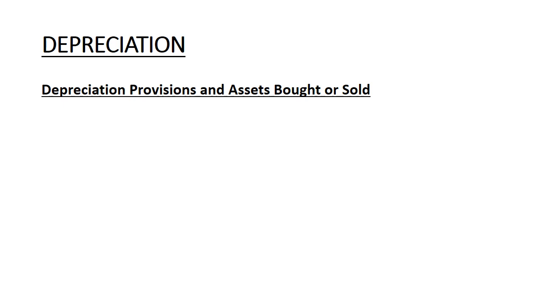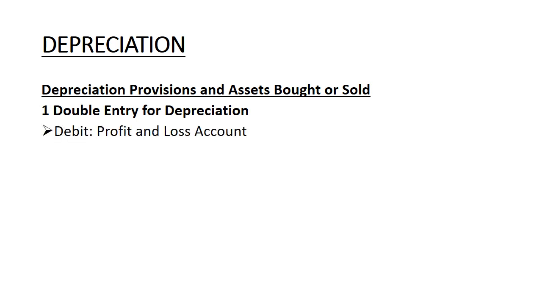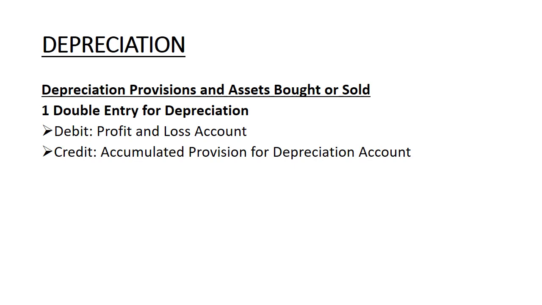We're going to take a look at these two. The double entry for depreciation is you debit the profit and loss account and you credit the accumulated provision for depreciation account. This is a special book.